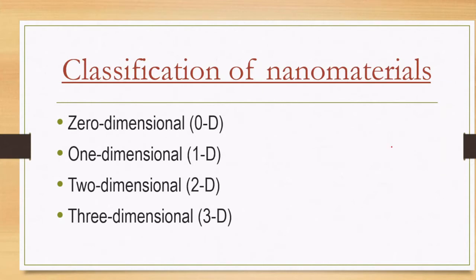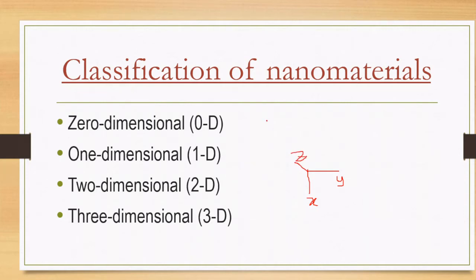Then the classification of nanomaterials. First one is 0-dimensional, 0D, 1-dimensional, 1D, 2-dimensional, 2D, 3-dimensional, 3D. Again, there are three dimensions: X, Y, Z, right?